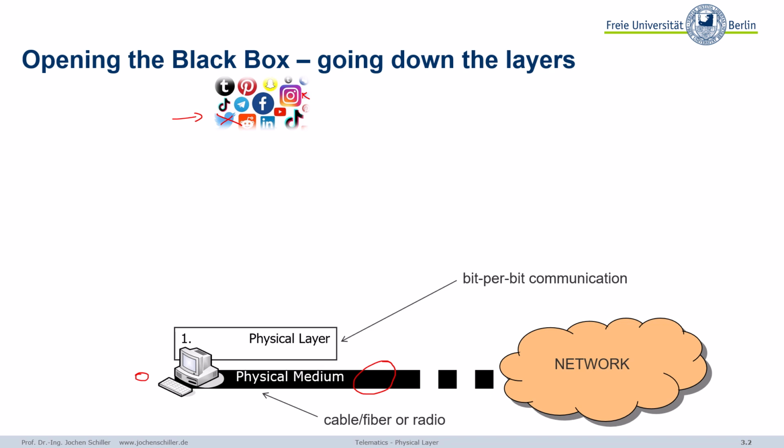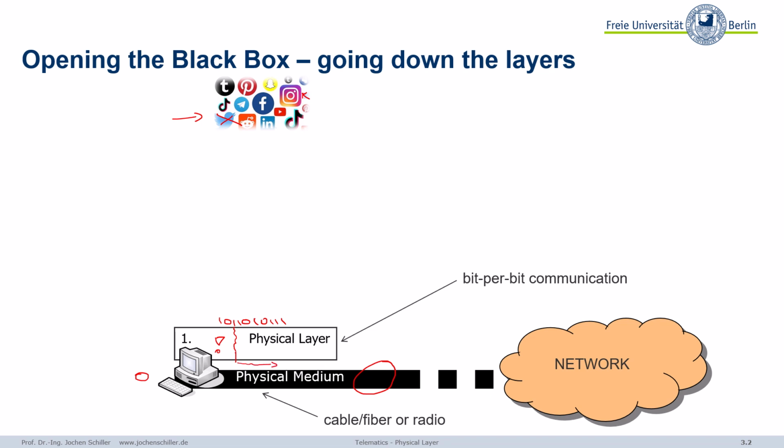And the physical layer's main job is bit per bit communication. What does it mean? Well, we insert our ones and zeros, whatever exactly the bits we operate with in our computer. That's what we know from the computer. So this is the input, and then the physical layer does something, and that's exactly what we'll talk about in this chapter.